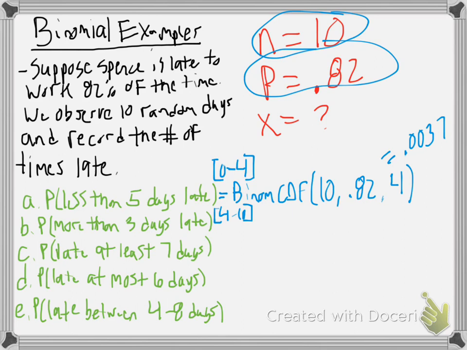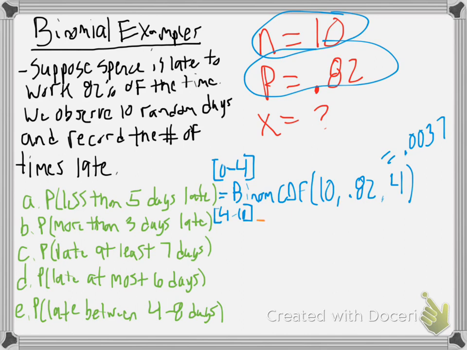So what we actually have to do for this one, when we have a greater than problem, is the CDF of 3. If we do the CDF of 3, that will give us the outcome from 0 to 3. The 0 to 3 is the complement of 4 to 10.